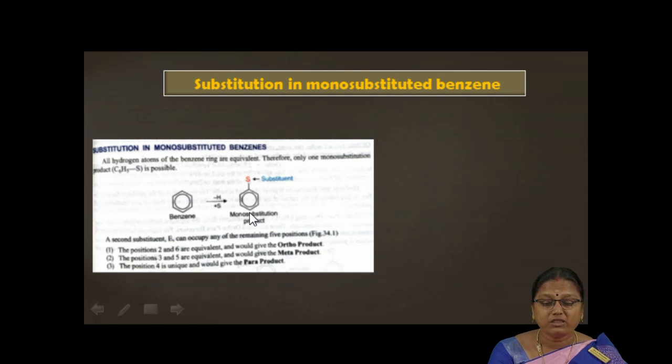The 4th position is said to be para. So it may lead to 3 different products: ortho product, meta product or para product.